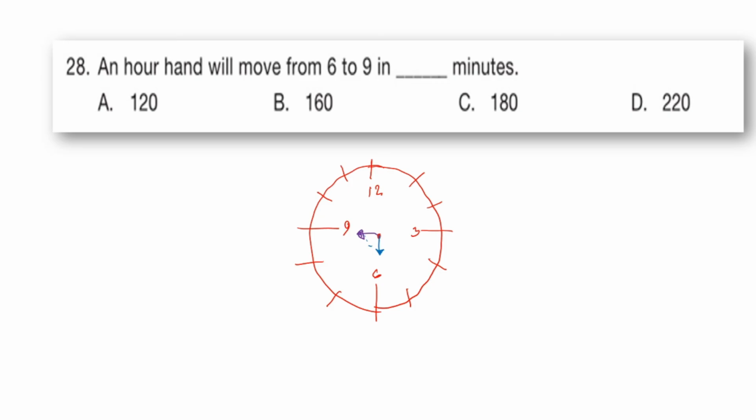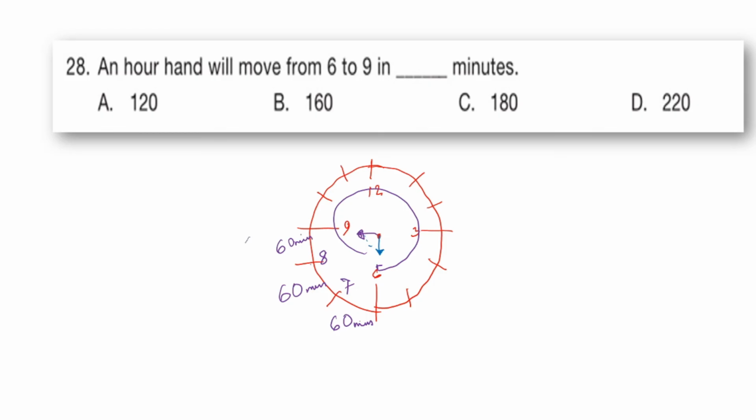Now every time to move to the next number, that is from 6 to 7, the hand needs to traverse this whole thing, the minute hand, so it needs to go 60 minutes. Again from 7 to 8, it is again 60 minutes, and 8 to 9 is again 60 minutes.